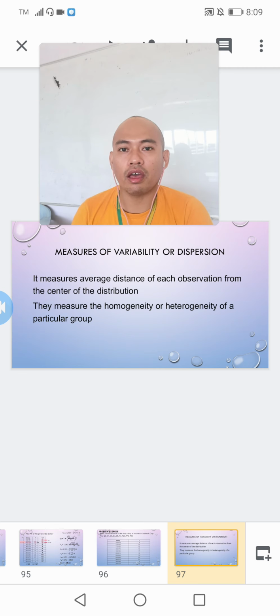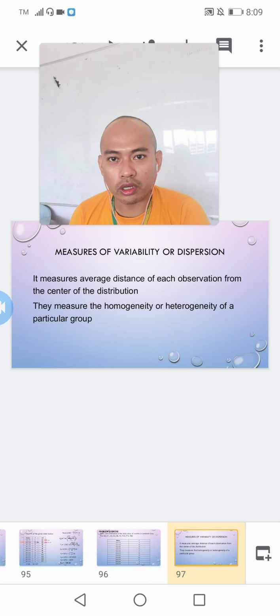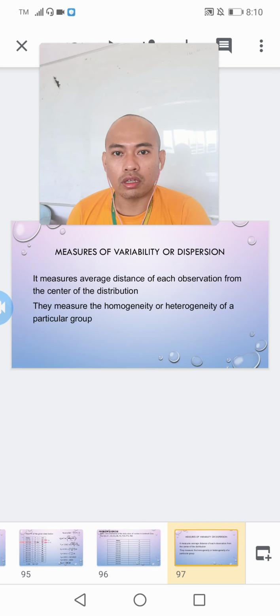It is a big help for us researchers to know the nature of the data that we have collected from our respondents with regard to its stability, uniformity, consistency, and among others.